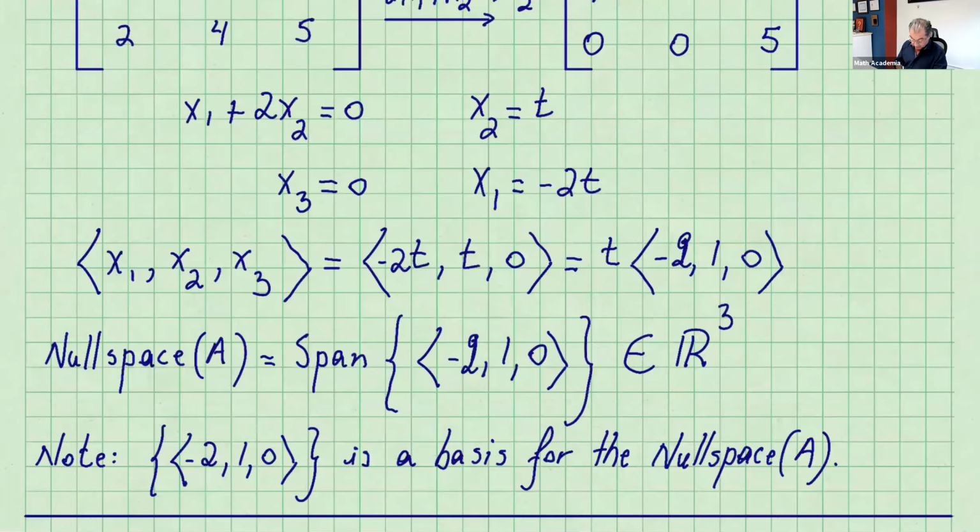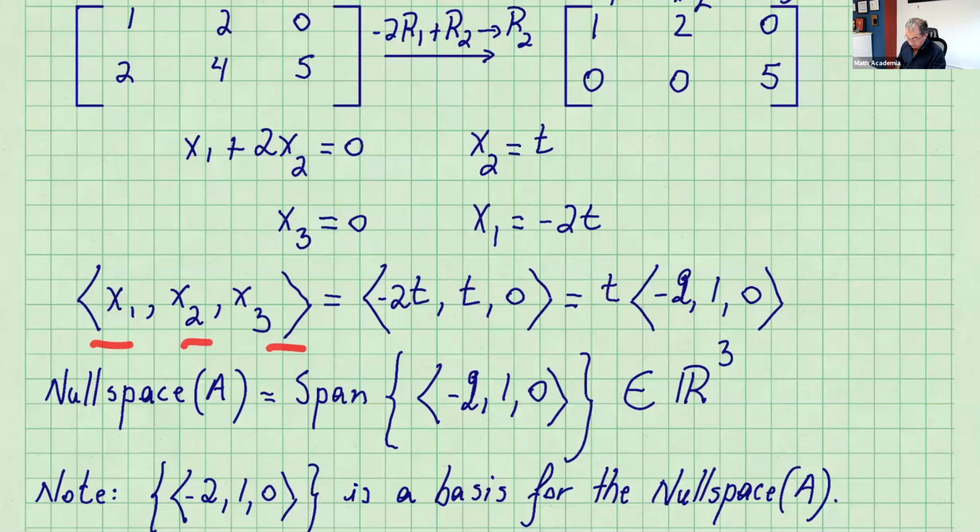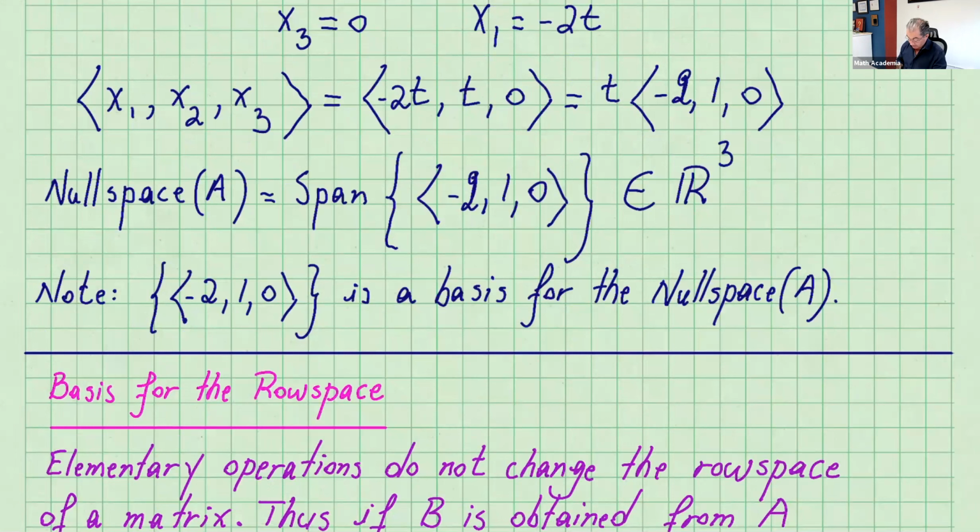So if you write x1, x2, x3 as negative 2t, t, and 0, you can factor out t. So you get negative 2, 1, and 0. So the null space of A is the span of that vector. That's a basis for the null space. And this is in R3, which is our n in this case.